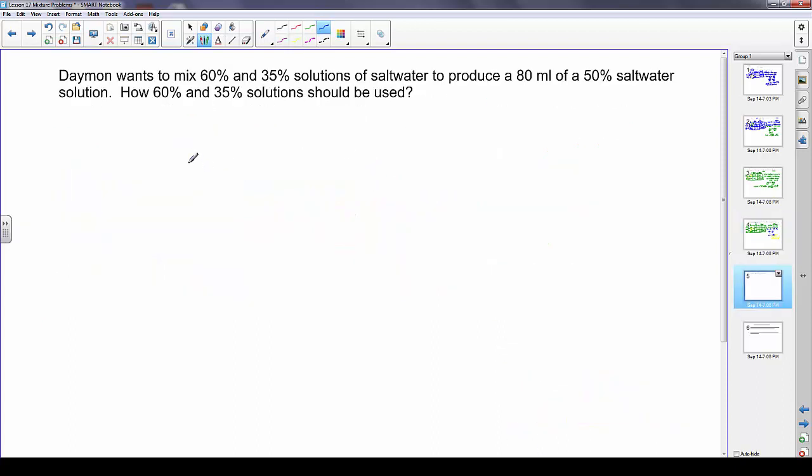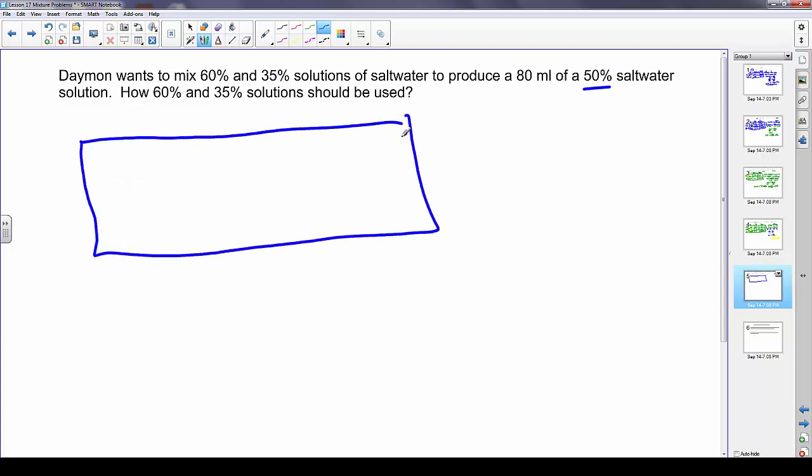Another solution type problem, he wants to mix up 60% and 35% solutions to get a 50% solution. So again, the 35% is like that weak Gatorade, the 60% is stronger Gatorade. We're going to add probably a lot more 60% to the 35% in order to get the whole thing to 50%. So let's make our chart again. We have three quantities.